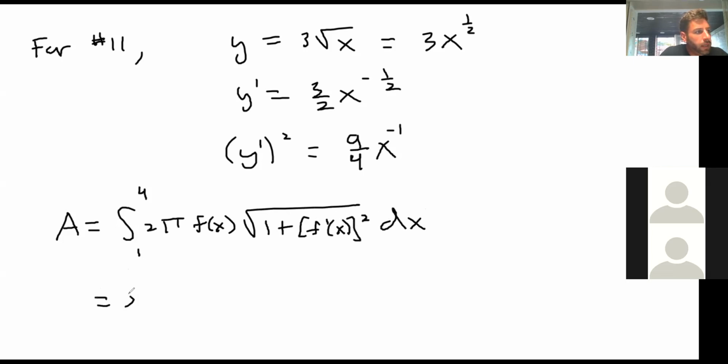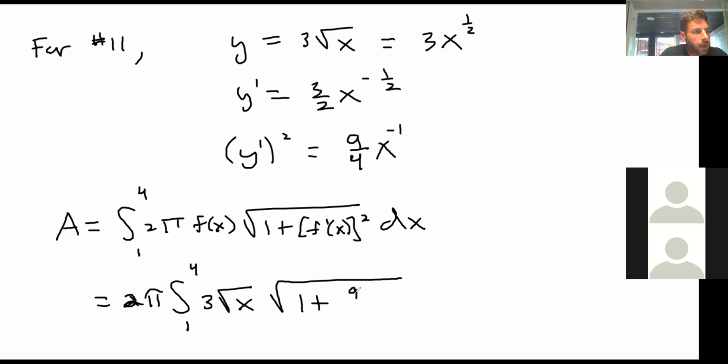And if you plug in the appropriate pieces, this is 2 pi times the integral from 1 to 4 of 3 square roots of x times the square root of 1 plus 9 over 4x dx.